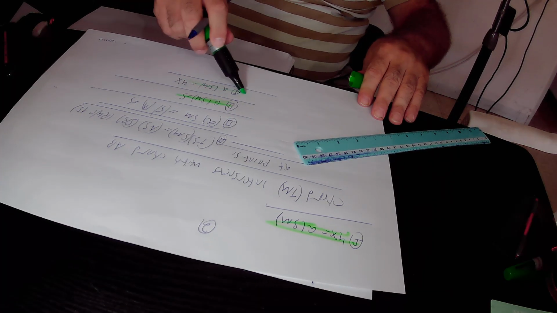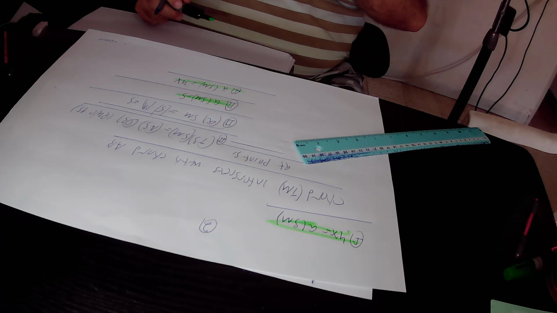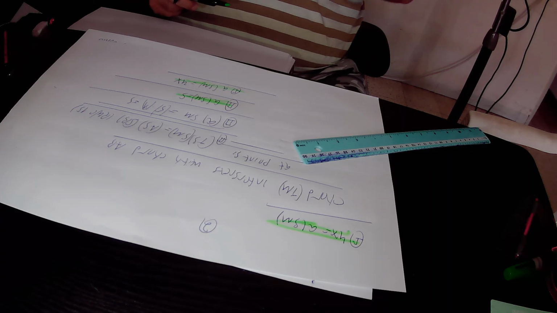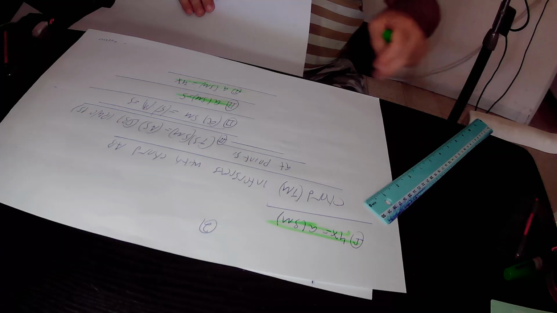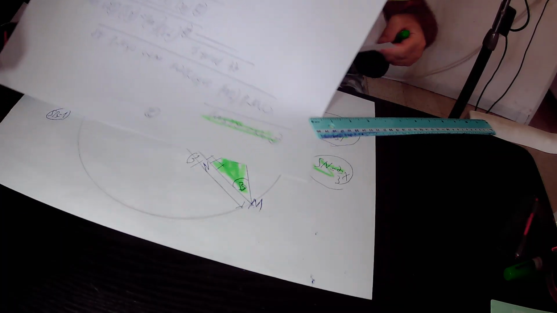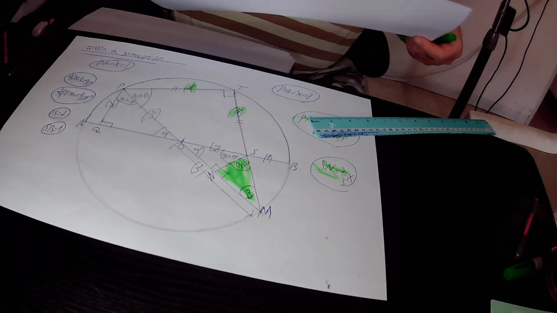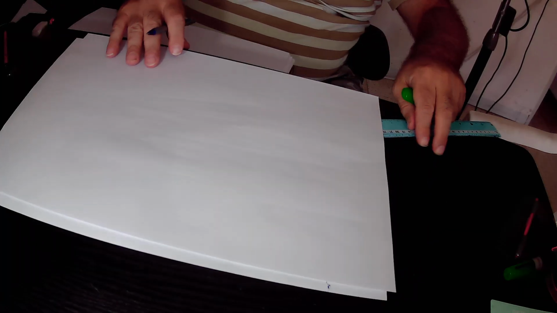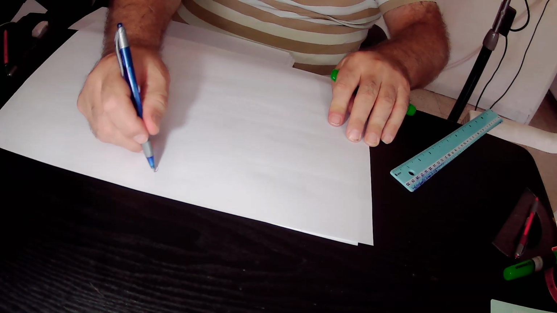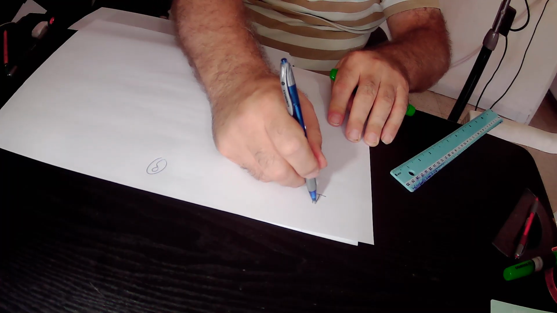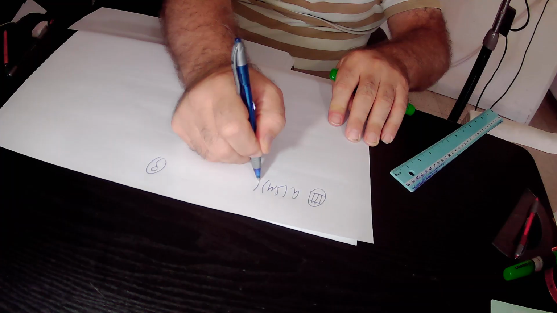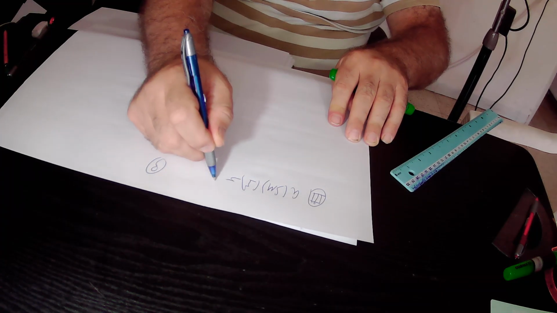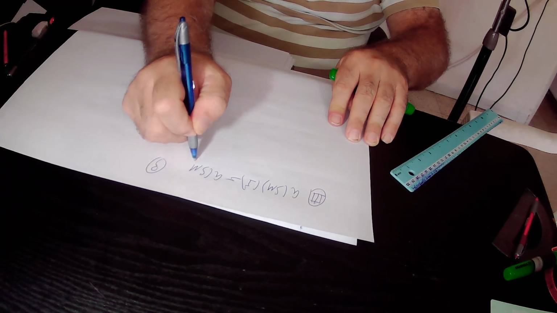Therefore, we get equation 3 that says that A times SM according to equation 1 must be equal to A times SM according to equation 2.